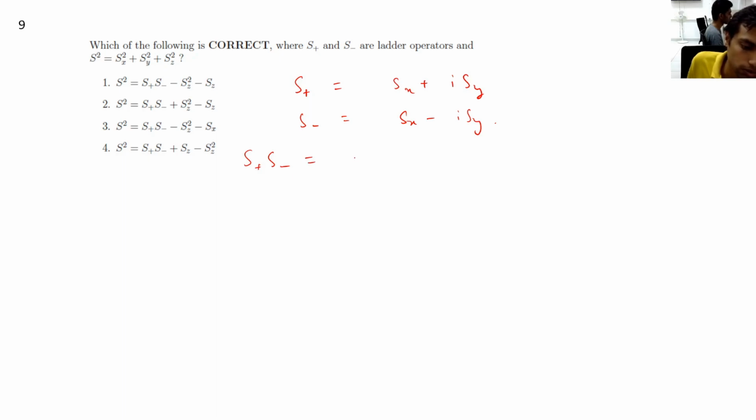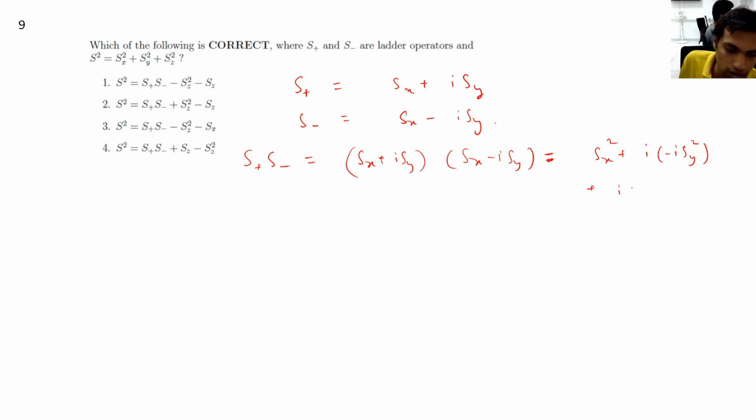This is equal to (Sx + i Sy)(Sx - i Sy). So what it will give me is Sx squared plus Sy squared, plus i (Sy Sx - Sx Sy).